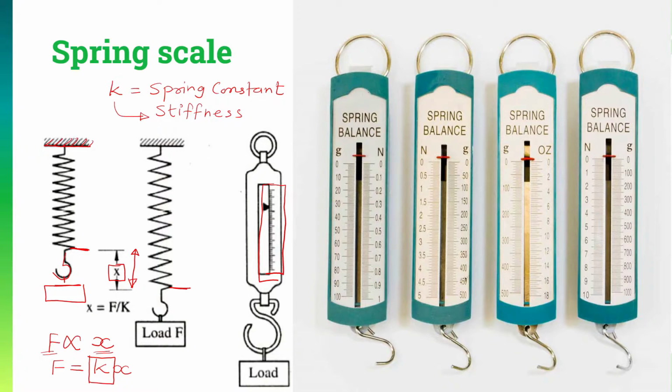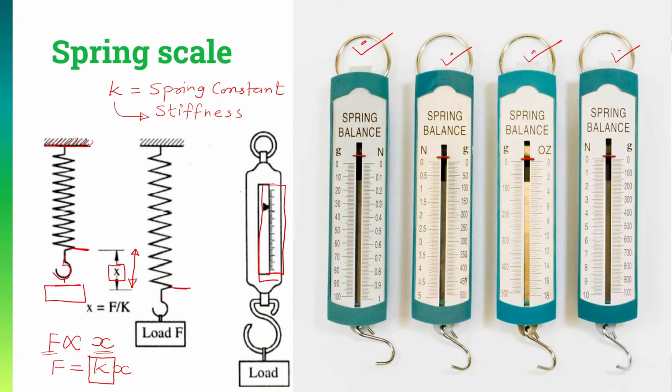On this same principle, the scales are made and calibrated in such a way that they can directly be used as spring weighing measurement. These are some of the examples available for spring weights or spring scales. This is one of the best examples of a spring scale.